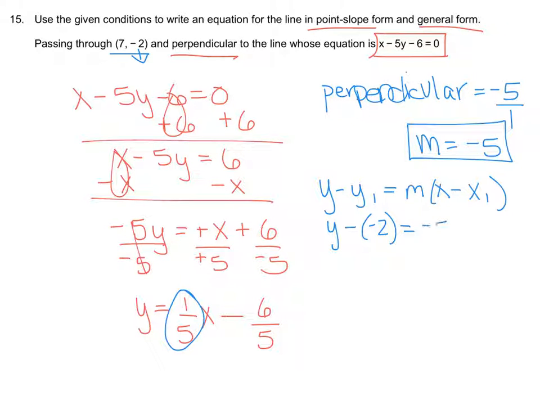My slope is -5. And my x1 is 7. If I simplify this, y minus -2 is the same as y plus 2 equals -5 times x minus 7. Now this is in point-slope form.